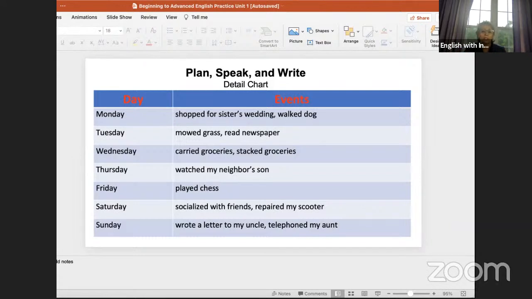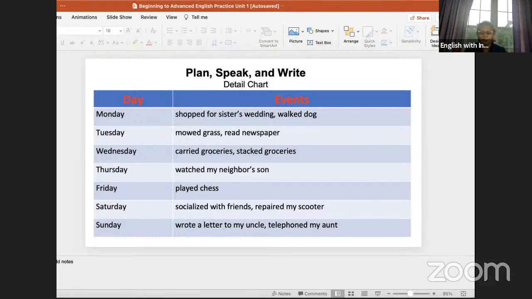So Monday, shopped for my sister's wedding. No, I didn't do that, but I'm just making it up, right? Shopped for my sister's wedding, or shopped for my son, or on Monday, you can say, I went to the mall or to the store and bought whatever you bought. Or even if you didn't buy something, just imagine it.